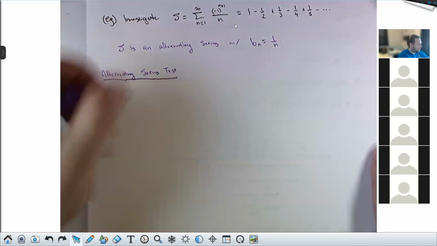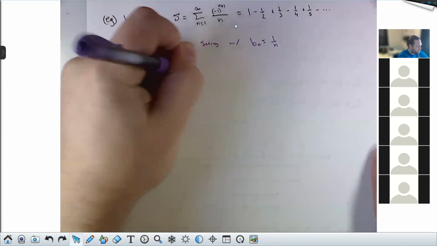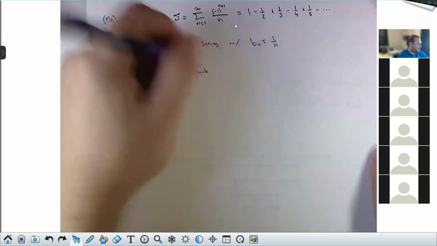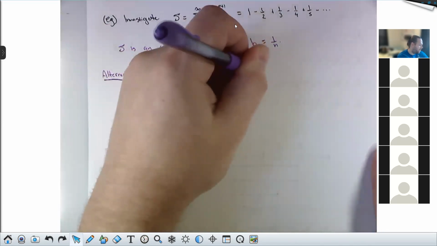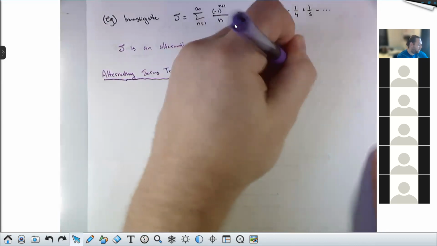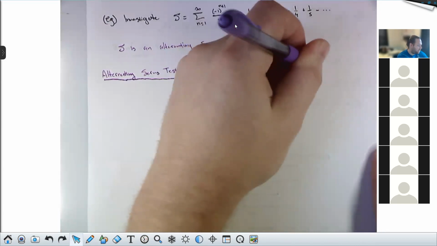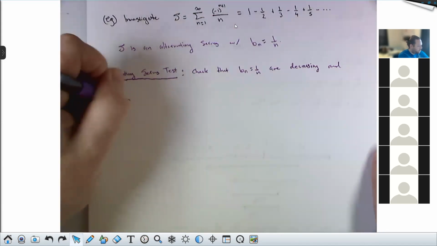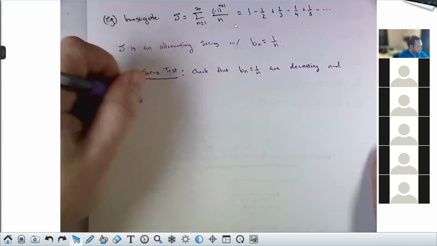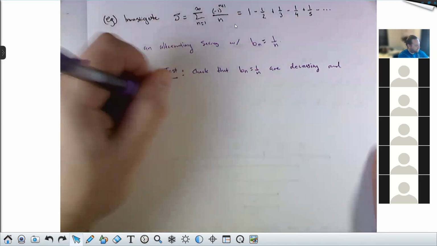And there's the two things we have to check. Check that the BNs, which are 1/n, are decreasing, and that the limit as n goes to infinity of Bn equals 0.